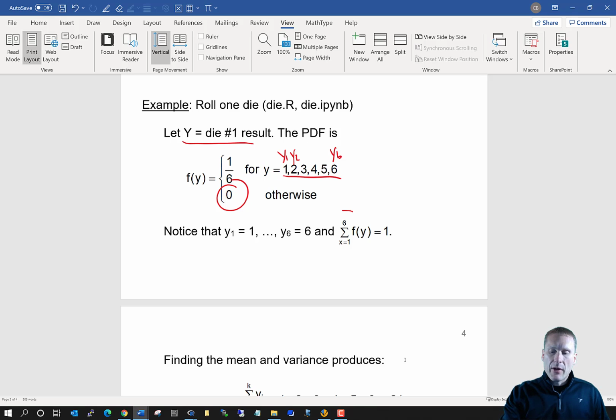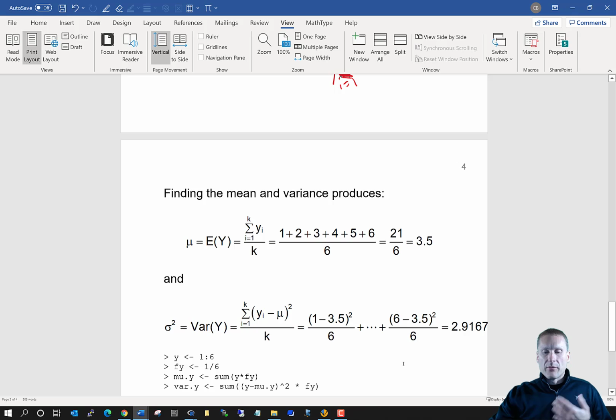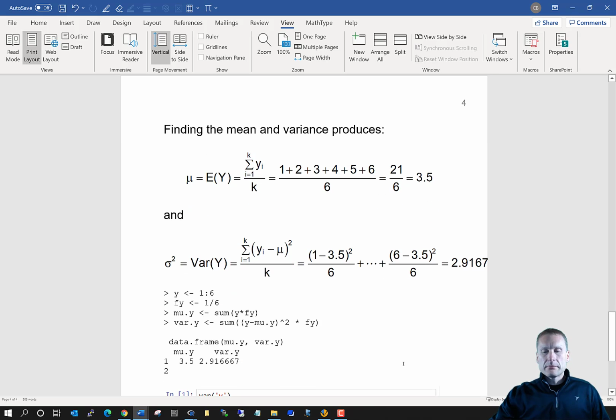Notice if I were to sum up over all the possible values of y here, I would get 1. I sum up all the probabilities, I have to get one of those possibilities. Then if we were to find the mean, we would sum up all the values of y and divide by the total number of possible outcomes, which is 6, and we get 3.5.